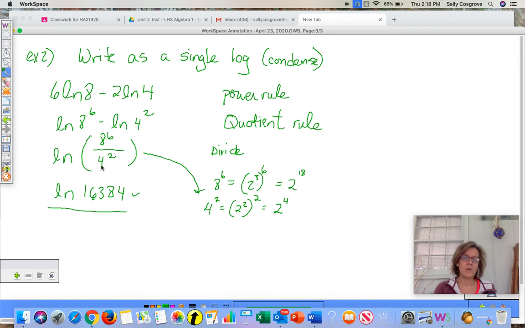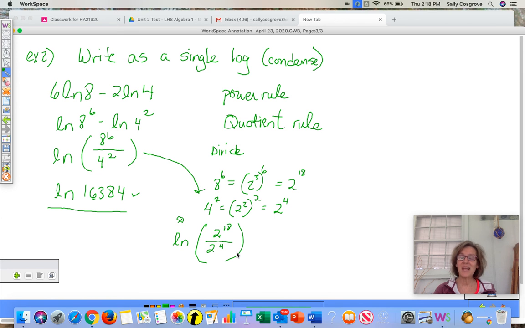All right, well, we can rewrite this. So we now have the natural log of, and instead of saying 8 to the 6th, we're going to say 2 to the 18th. And instead of saying 4 squared, we're going to say 2 to the 4th.